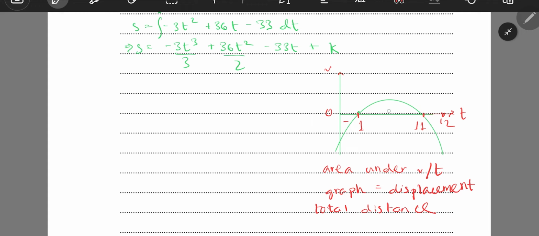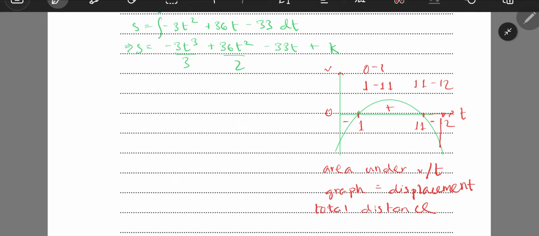This is a negative area, this is positive, and again this is negative. So the negative areas must be considered positive, so we'll take a modulus for those values. And the positive area is positive, so that doesn't matter. So our set of limits that we'll be using is 0 to 1, 1 to 11, and 11 to 12.